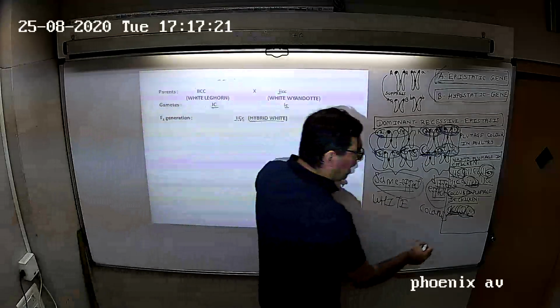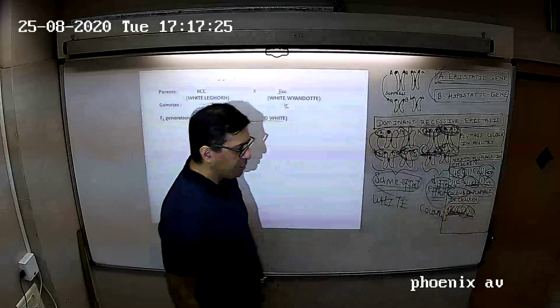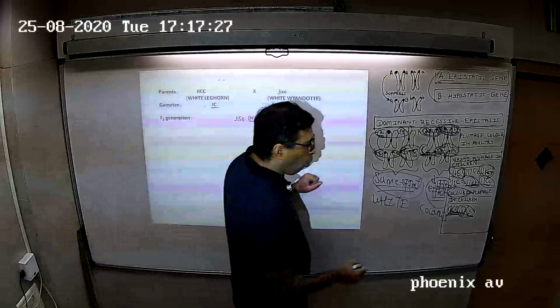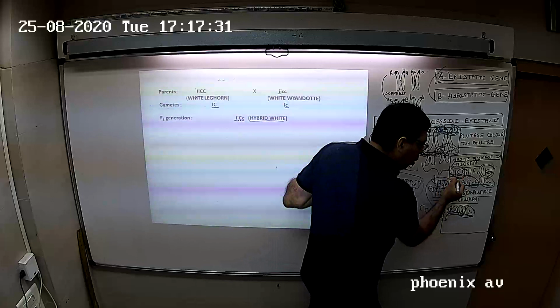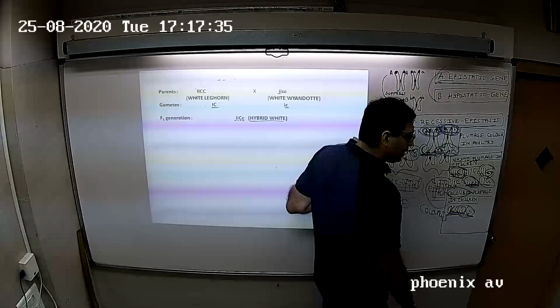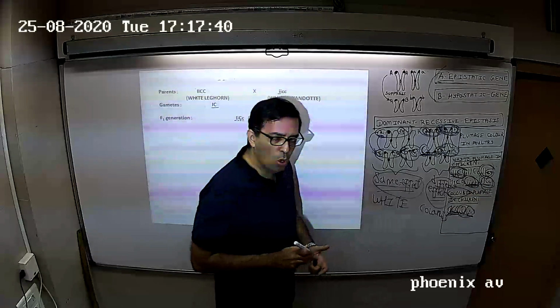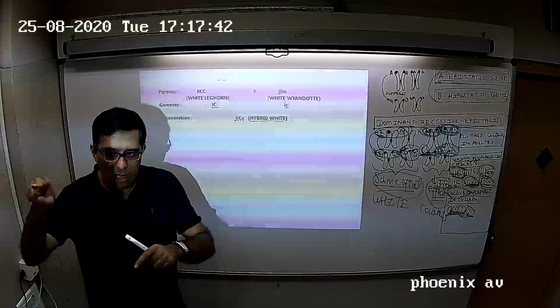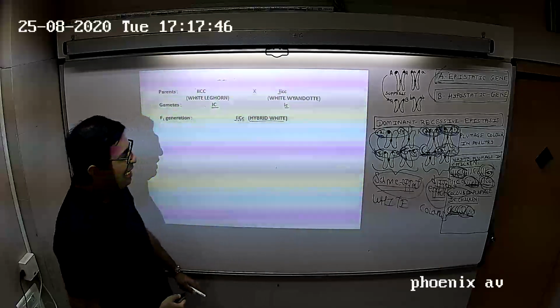So what does capital I, capital C, small c show? Hybrid white. So once again, capital I, capital C shows white. Small i, small c shows white. Hybrid capital I, capital C, small c shows white. So parents are white, F1 generation is also white.